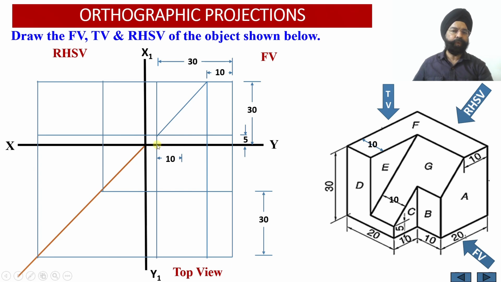Once I move from the left corner 10 millimeter towards right, I have to draw a vertical projector line over here, because in this case only this edge of the cross section corresponding to the surface C has been given, whereas there is no indication about the height of this edge.